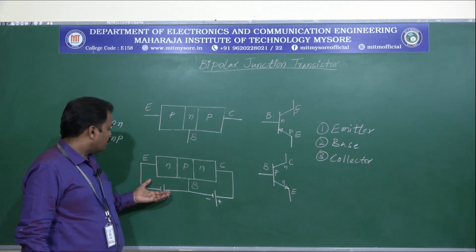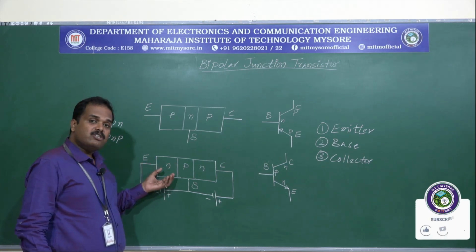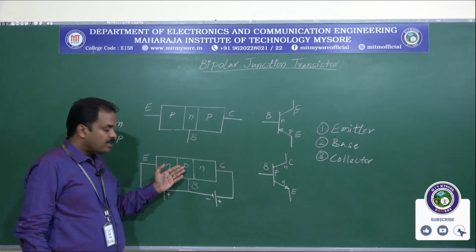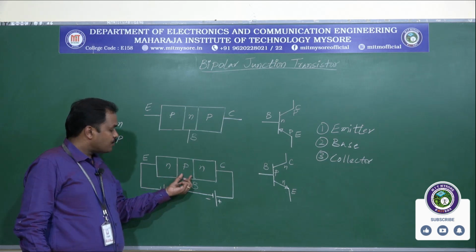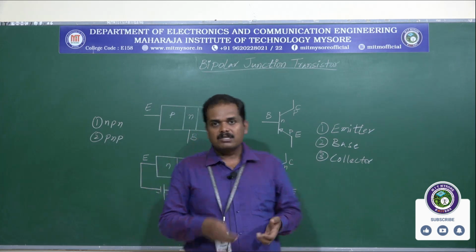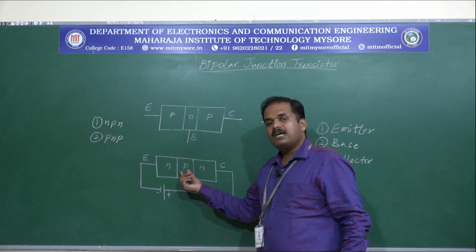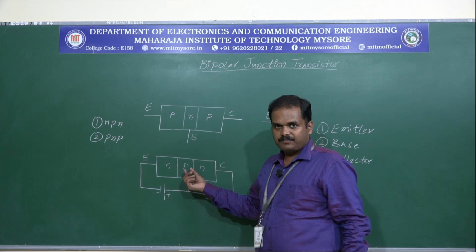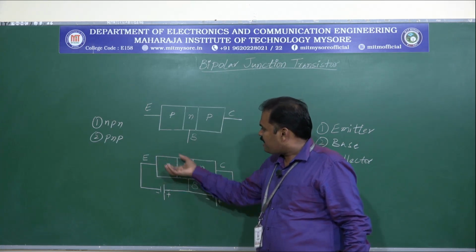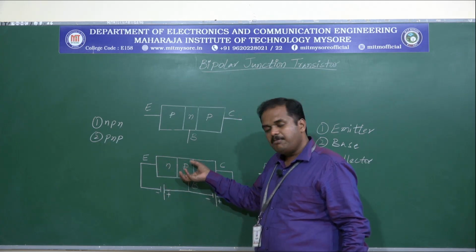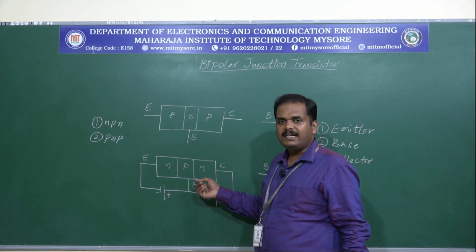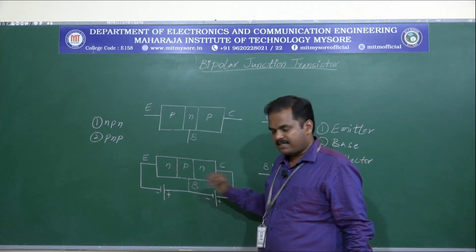Now when we have done so, the electrons, which are the majority charge carriers available in the N type emitter region, will move towards the base region. We can see here the thickness of the base is small because the doping done here is light. Some of the electrons which come from the N type emitter will recombine in the P type base region, and a small amount of current will flow into the base terminal.